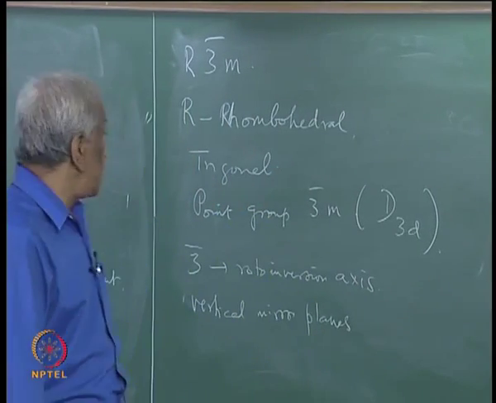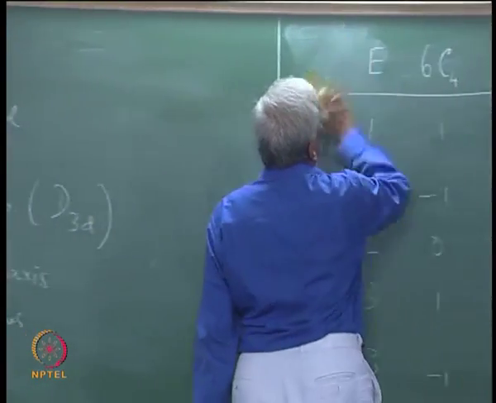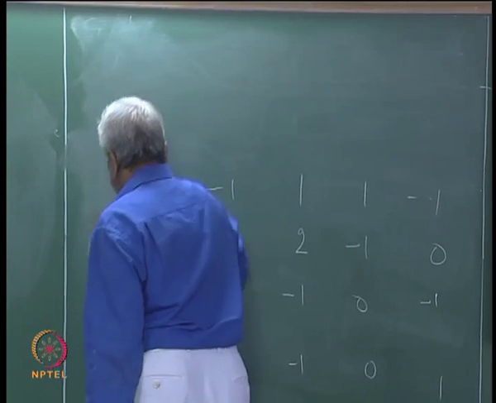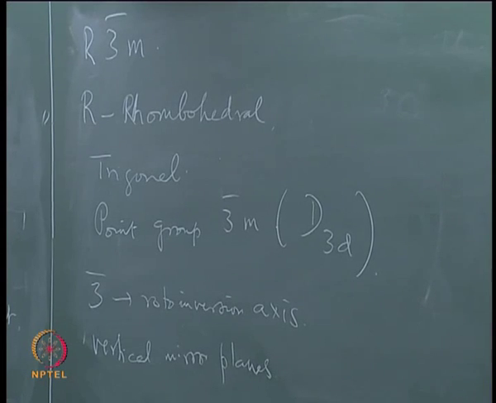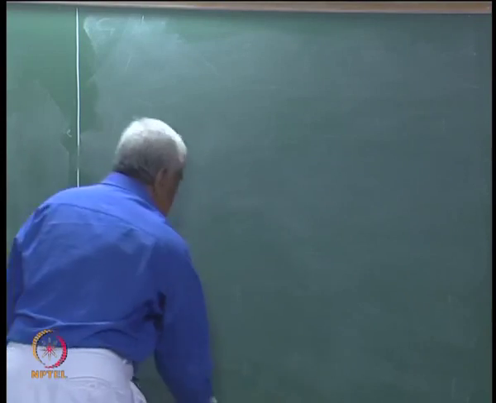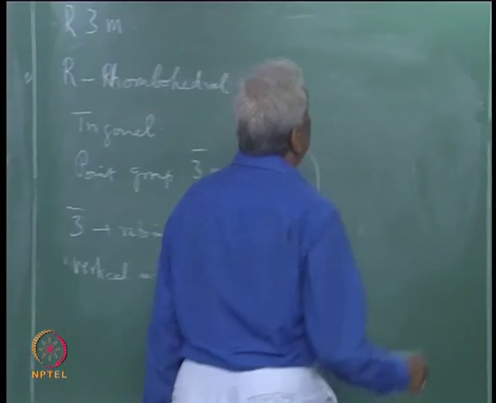So, that is the symmetry. The next space group to be considered is Fdd2.